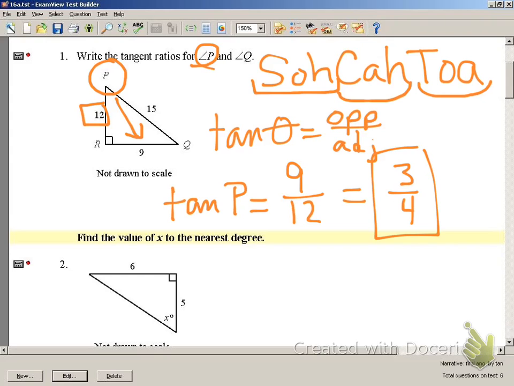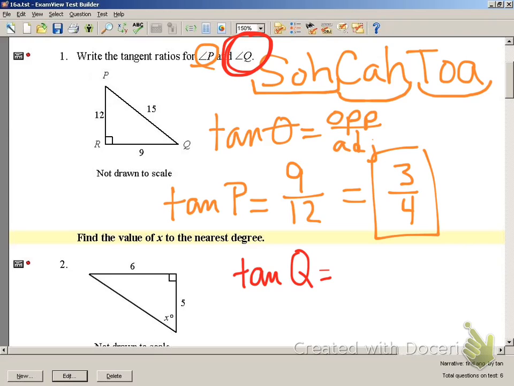The second part to question number 1 asks for the tangent of Q. So now we're looking at the tangent of Q. We're still dealing with tangent, so tangent of Q is still opposite over adjacent. But we change our orientation or our perspective, however you want to look at it.